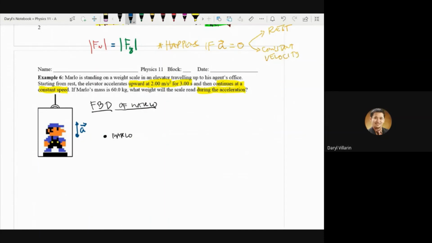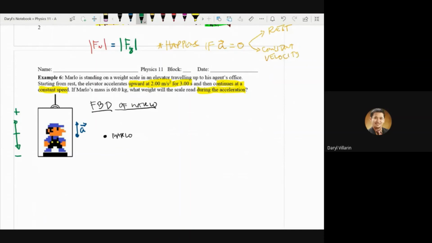Since the acceleration is upward, I'm going to use upward as my positive direction, and downward as my negative direction. Again, in the calculation, it's much easier to set your positive direction the same as the direction of your acceleration.